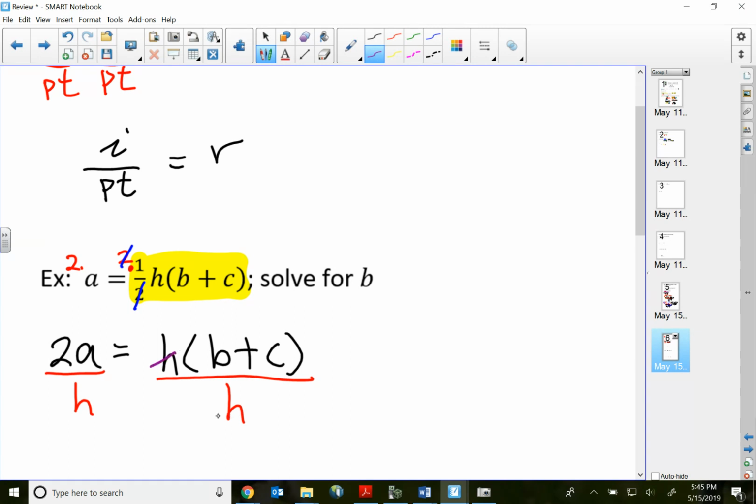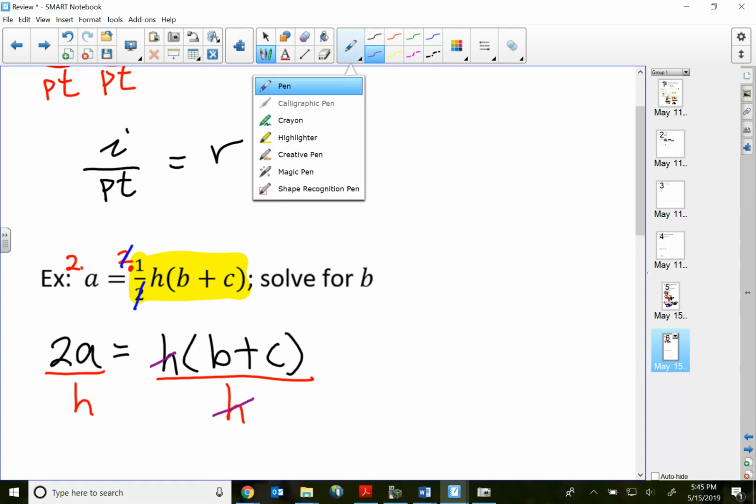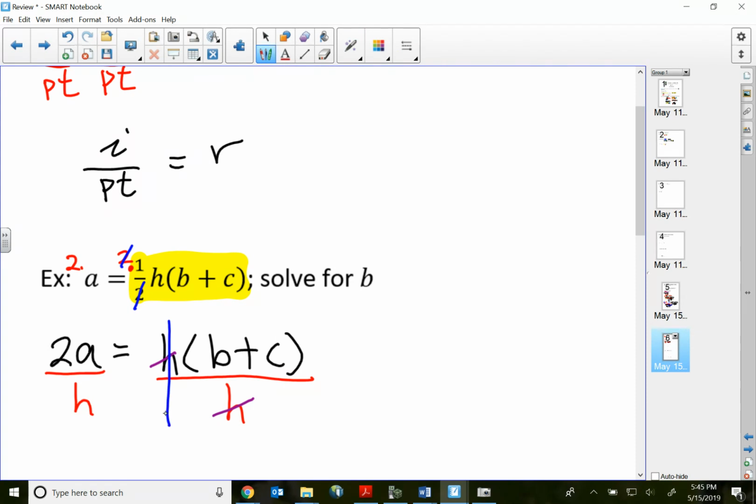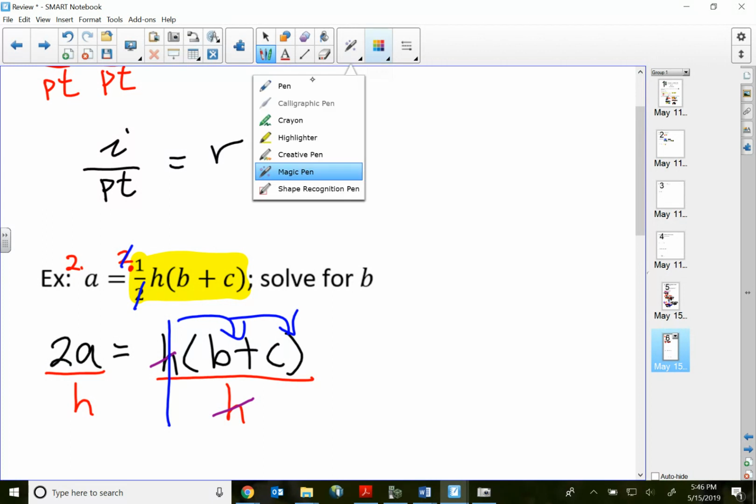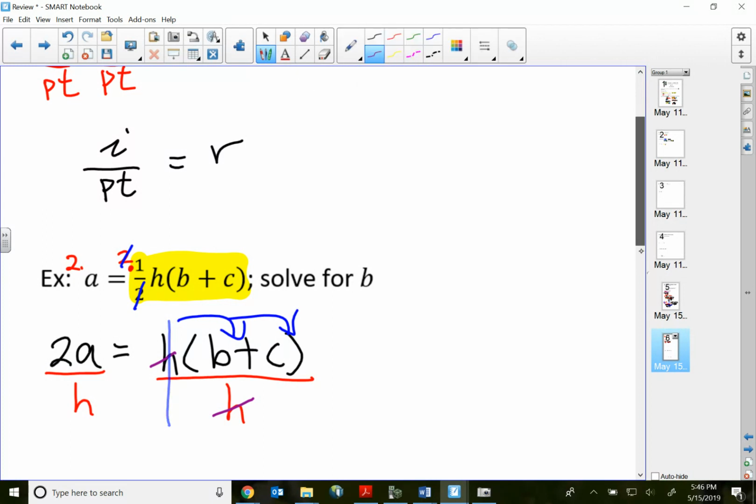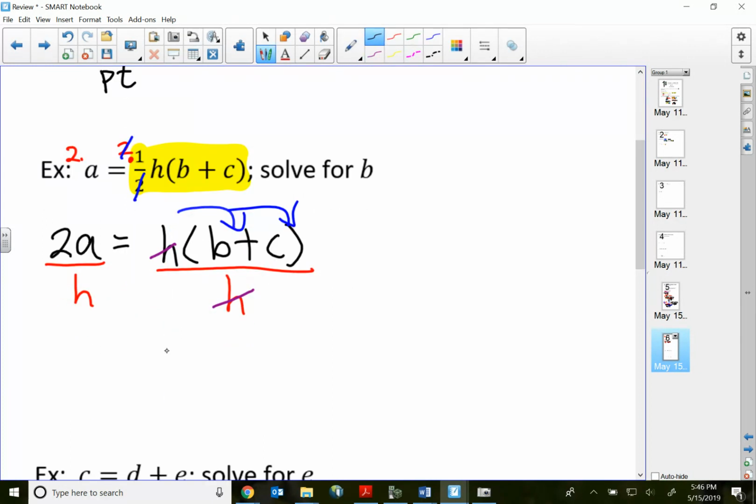When the H cancels out, what I end up with is a positive 1 outside the parentheses. When that positive 1 is distributed, my variable term and the positive C come outside of the parentheses. So did I do a distribution? Yes, I distributed with a positive 1 rather than using an H.